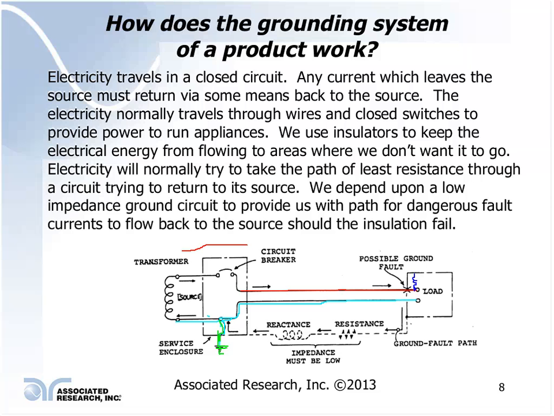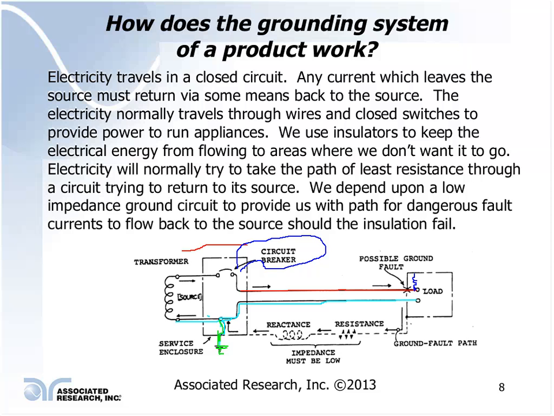If the thing was faulted and there wasn't enough leakage current flowing back to cause this fuse or circuit breaker to open up, this product could continue to run. And one thing to keep in mind, your body runs on electrical impulses, and if you have electricity running through your body, it's going to affect the way your body functions.